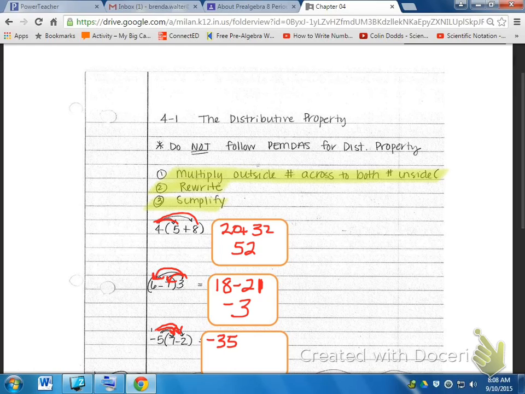That would be positive 10. And if I have negative 35, so I'm in the hole 35 and I gain 10, where would I be? Negative 25. Any questions about that kind of distributive property? See how we write an intermediate step and then the final answer, right?